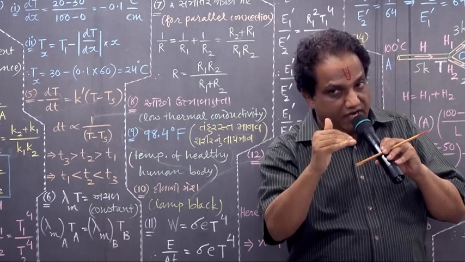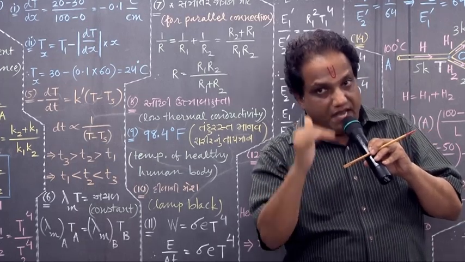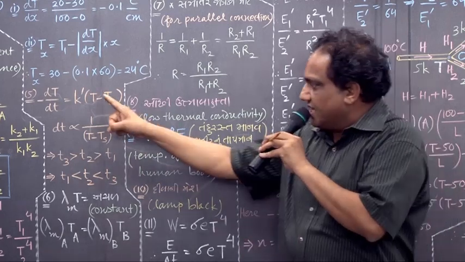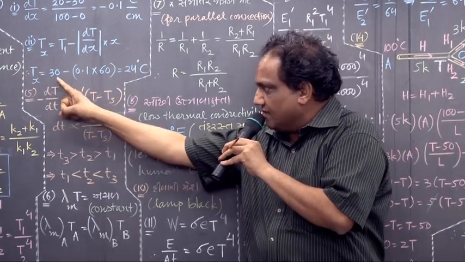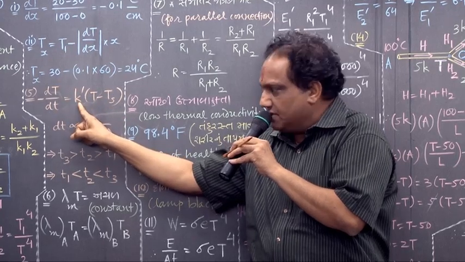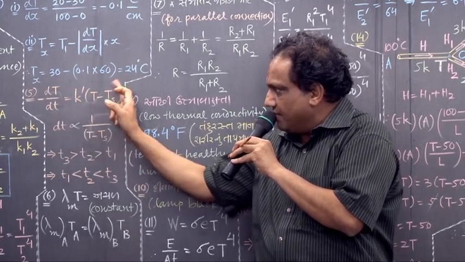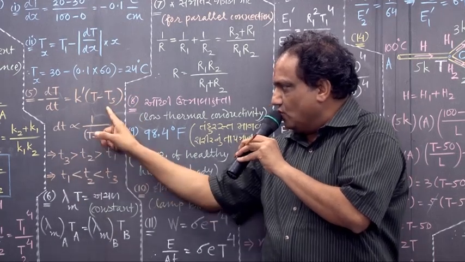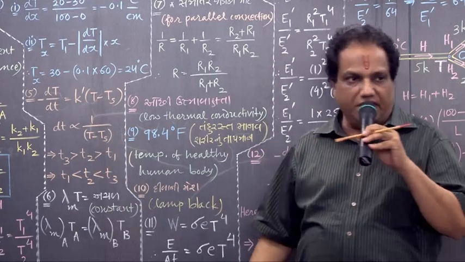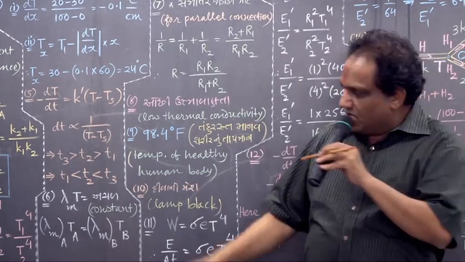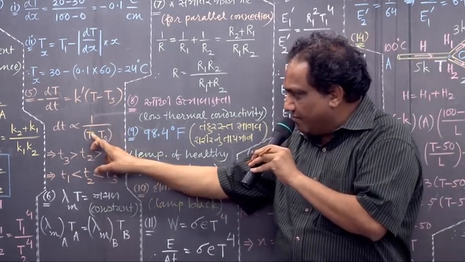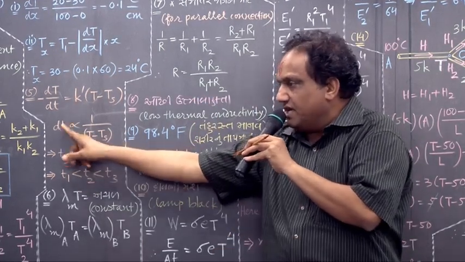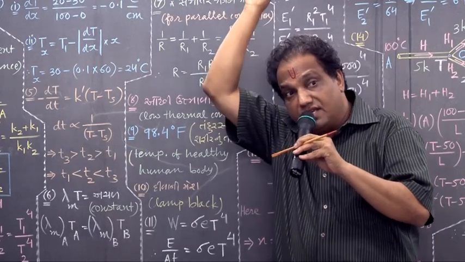So this decrease in temperature is constant. When dT is constant and k dash is constant, take dt up and bring the temperature difference down. So dt is inversely proportional to T minus Ts. As the temperature difference between body and surrounding decreases, the corresponding time interval will increase.